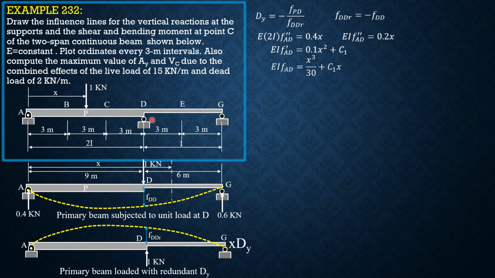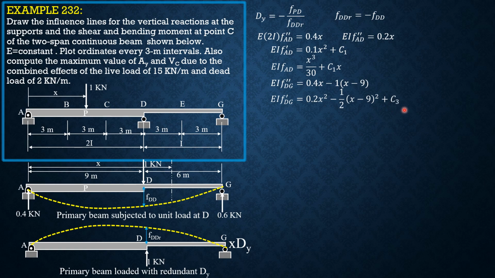Then for DG, EI F double prime DG is equal to 0.4 of x minus 1 times quantity x minus 9. This distance is x minus 9. We look at this figure. Integrating, EI F prime DG is 0.2 of x squared minus 1 half of (x minus 9) squared plus C sub 3.